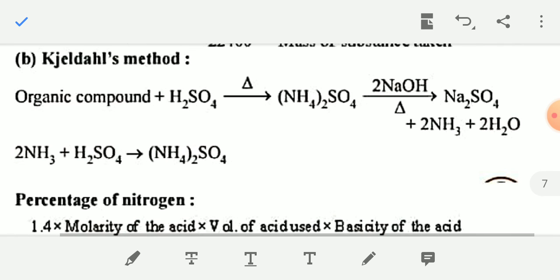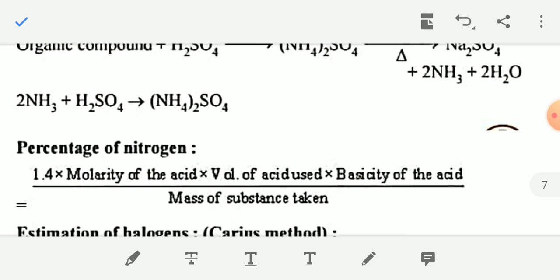Here you can see in the Kjeldahl method, sulfuric acid is treated with the organic compound, and initially ammonium sulfate is formed, which is again treated with sodium hydroxide, which forms ammonia, and finally ammonia reacts with sulfuric acid to form ammonium sulfate.